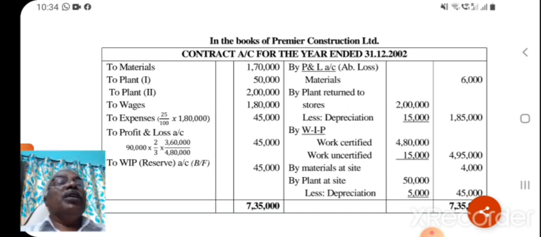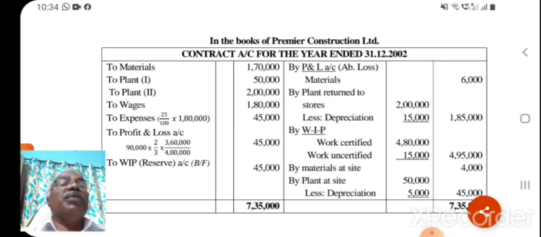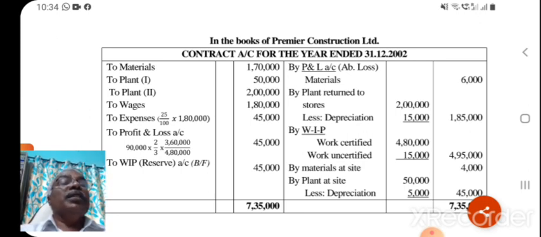And the profit and loss account: material destroyed by accident, 6,000, transferred to profit and loss account. Plant returned to stores, so it is 2 lakh, but it is returned to stores after 9 months. So we calculate depreciation 10% on 2 lakh for 9 months, 15,000. So the amount returned is 1 lakh 85,000.